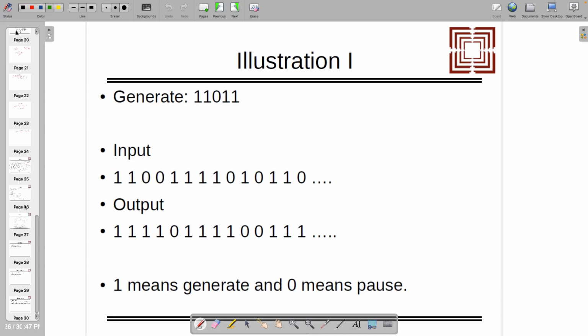Another was, let's assume that you have to generate the same code, 11010. Actually, a sequence generator is pretty easy in that way, where 1 means generate and 0 means pause. So it's very easy.